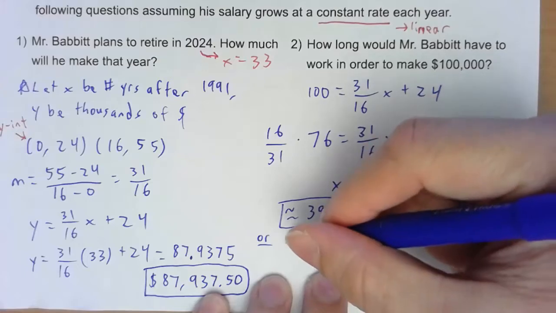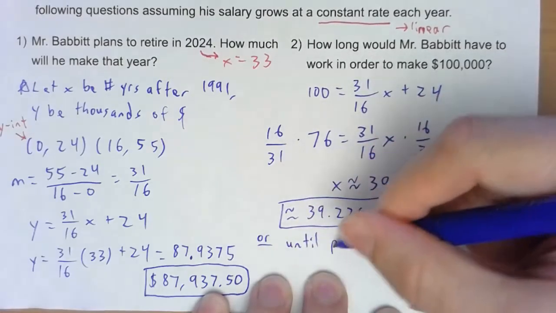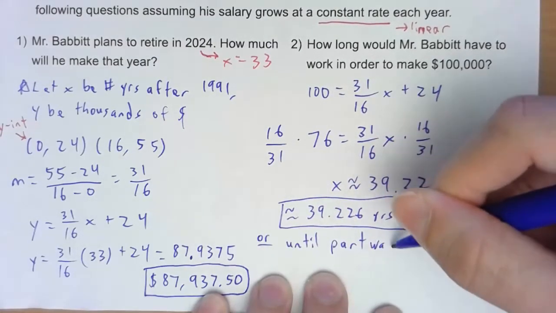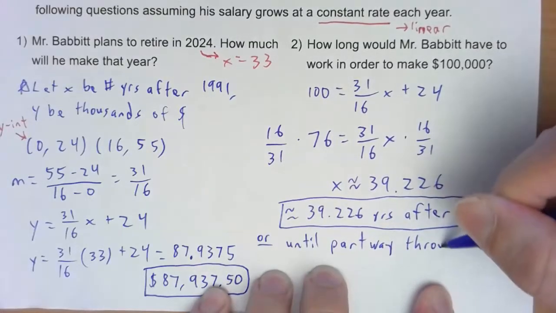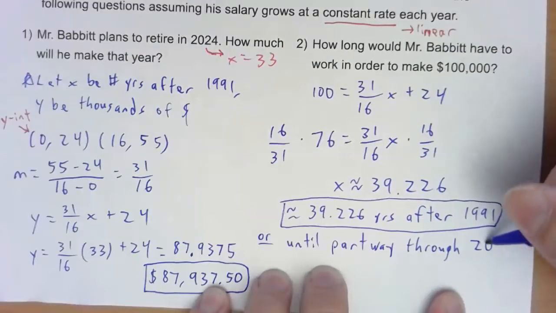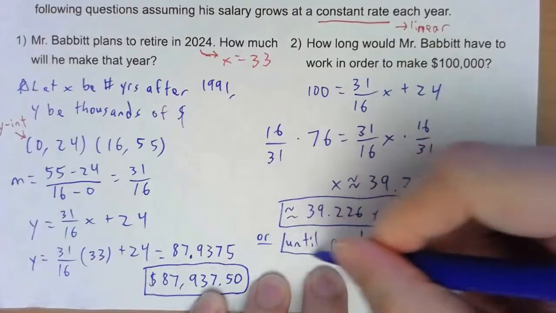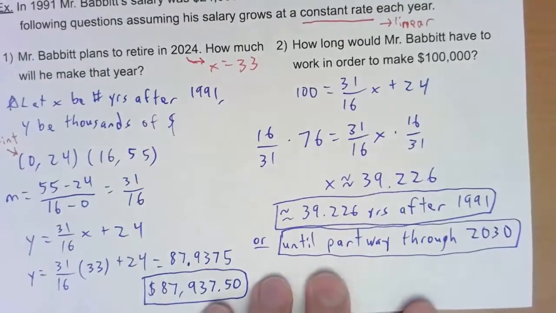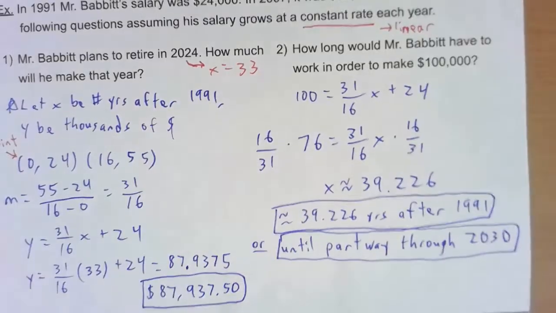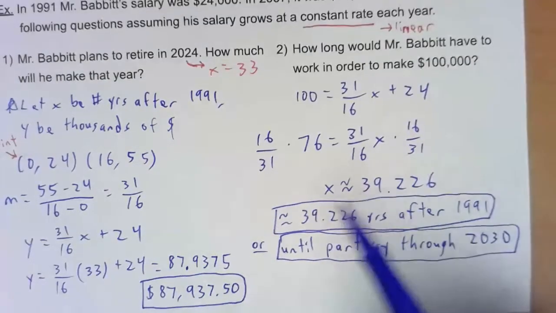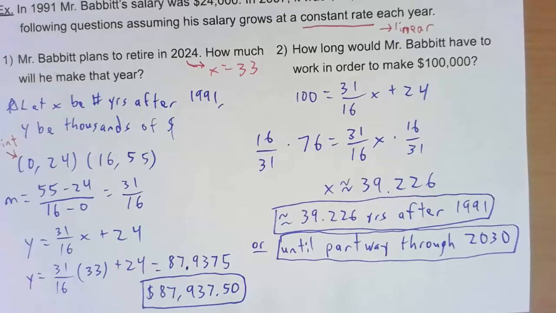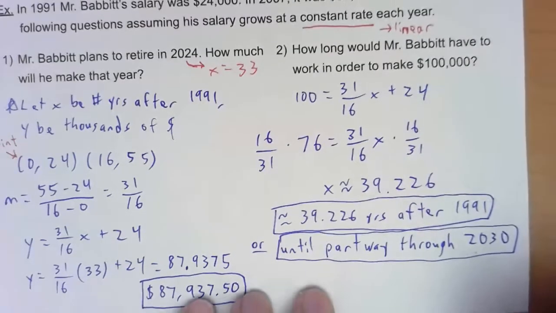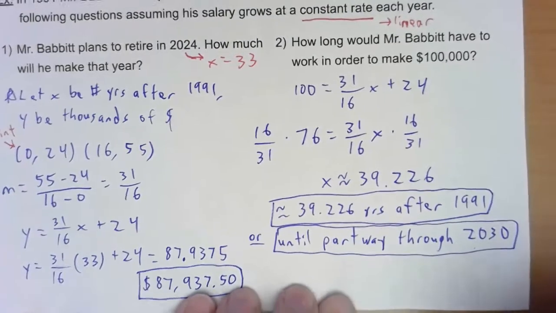So you could say something like until partway through 2030, something like that. Doesn't have to be word for word, of course, for this. Just the idea that you have to explain this. You would have to use some words here. If I say, how long does he have to work, you can't just say a number. You have to give some sort of context. You have to explain what your number means.